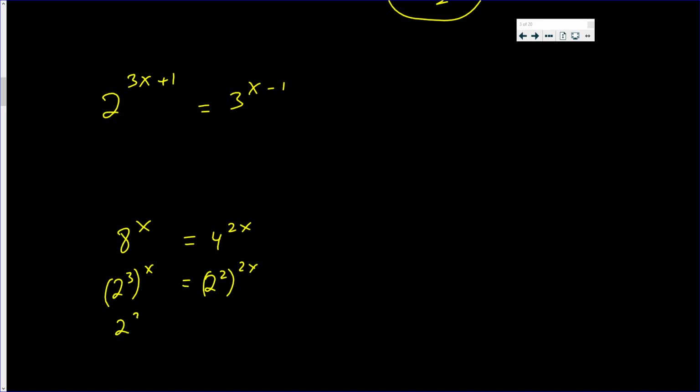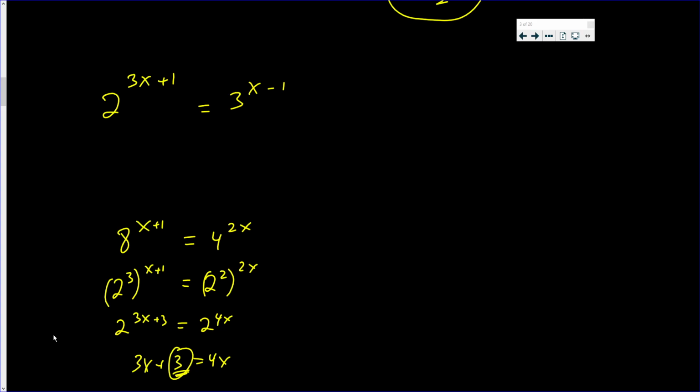So you have 2 to the 3x is equal to 2 to the 4x plus 2. Then you would say 3x is equal to 4x plus 2, so that should be x equals negative 2. That's the value of x.